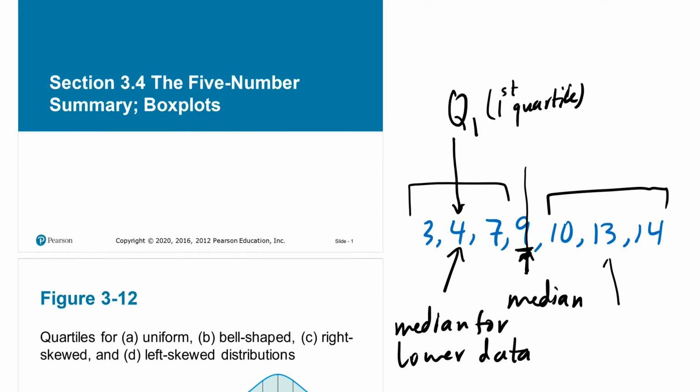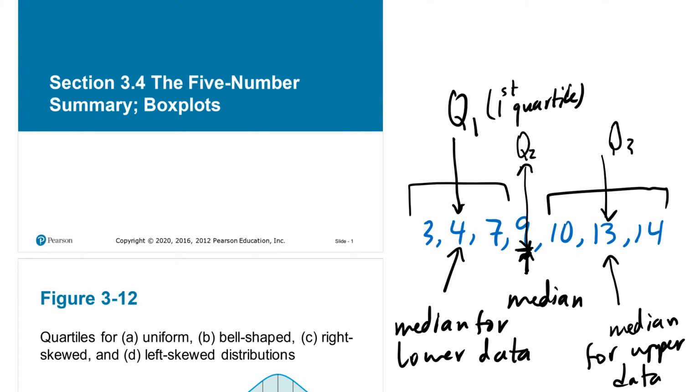And 13 is the median for the upper data. Now the middle one here, the 9, is called Q2, the second quartile. And this one is Q3, the third quartile. It is the median for the upper data.